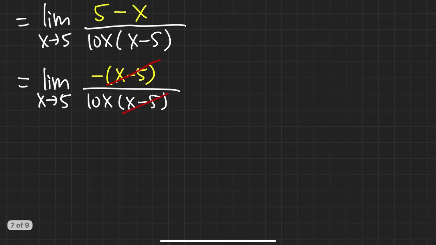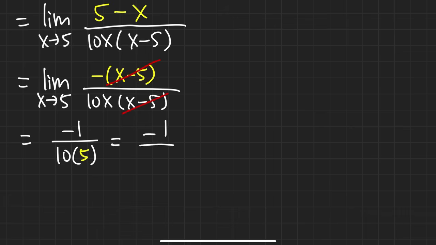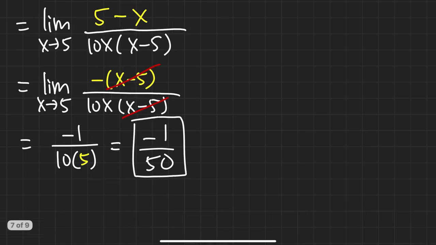Then we can just go ahead and plug in the 5 into the x. So negative 1 over 10 times the 5. And notice whenever we plug in the 5 into the x, no more limit, right? Because we are going to get the answer already. And in this case, we get negative 1 over 50, and that is the answer. And then we're done.